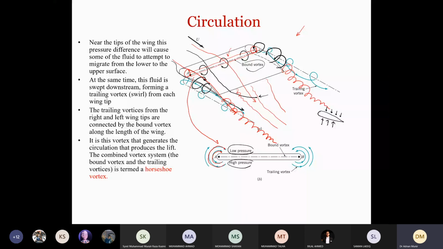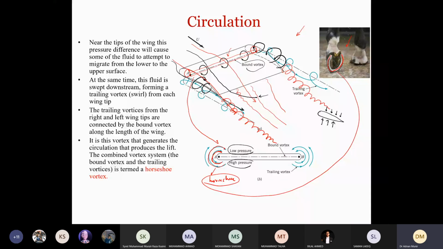When these combine at the ends A and B, we have vortices like this. These vortices are called horseshoe vortices. Why are they called horseshoe vortices? Because they are of the shape of a horseshoe. You can see that a horseshoe has the same shape like this, right?